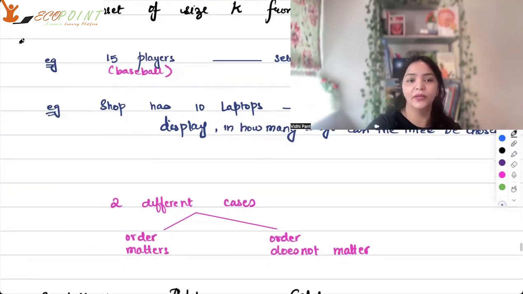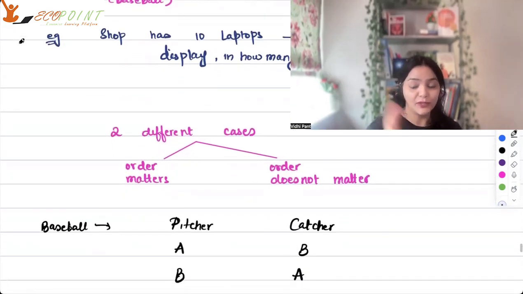That's the thing. Okay. Now the baseball example, suppose A and B are 2 players, Angelina and Bill. Now in a baseball scenario, you have pitchers, you have catchers.